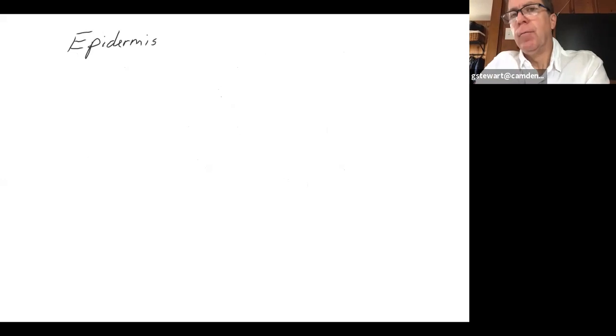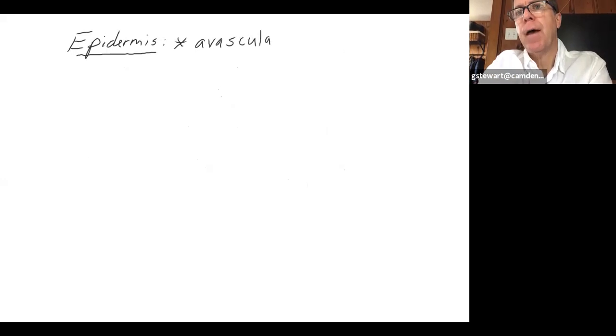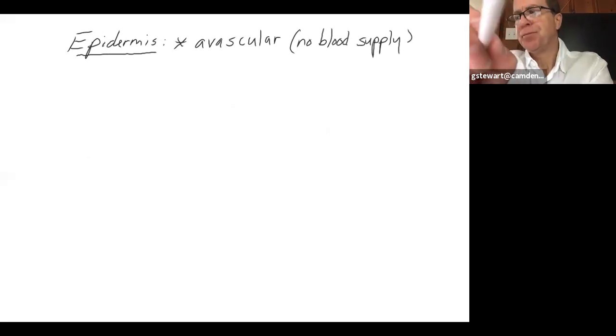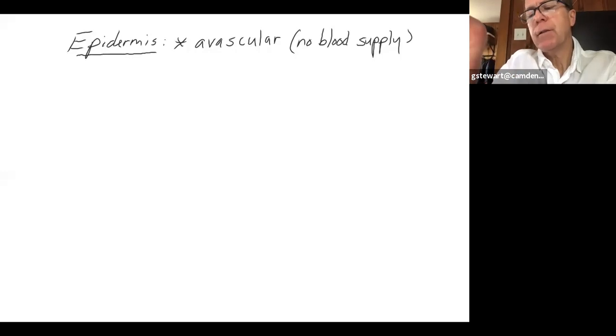I'm just going to say epidermis, give you some general characteristics, and then go over the sublayers. First and foremost, this is avascular. That means there's no direct blood supply to our outermost, most superficial layer of the skin. So it is avascular. I'm going to list the cell types.